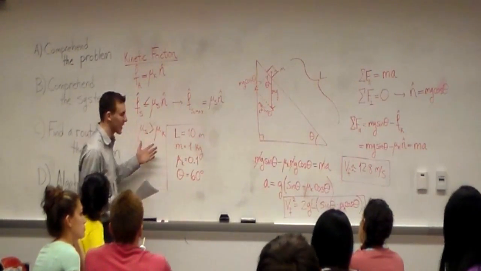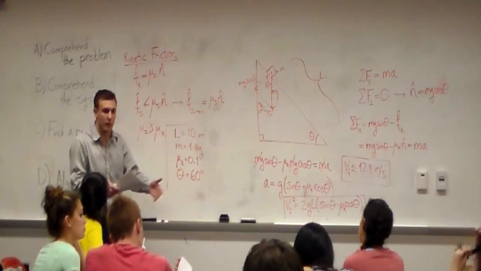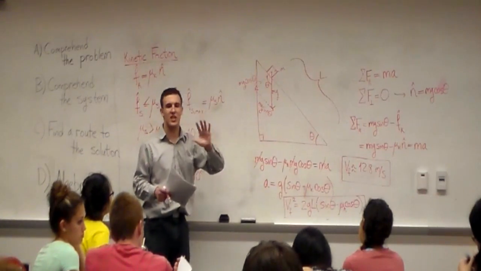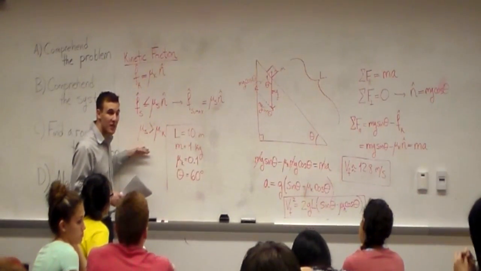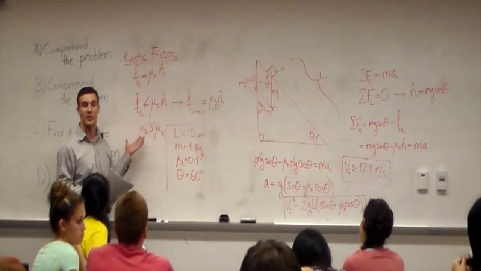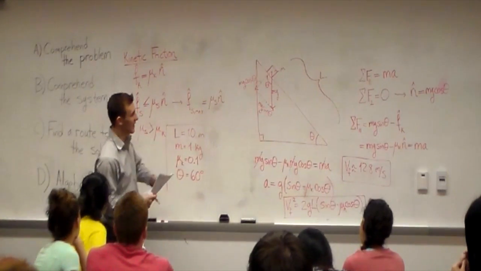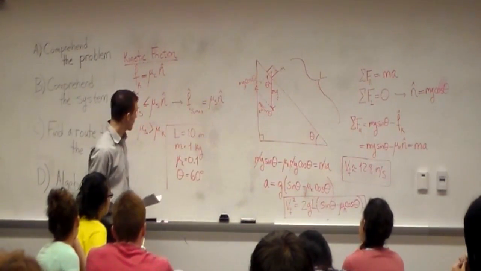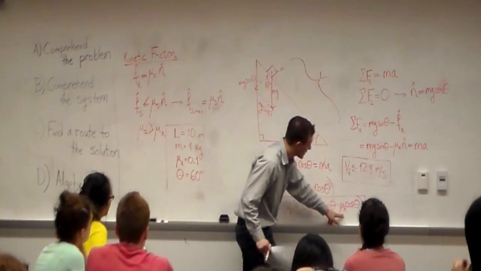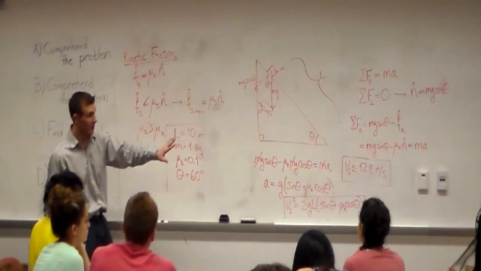You'll find that mu static can't be larger than a particular value. Otherwise, it will just stay and it won't start to move. So by assuming it starts to move, we have made an assumption about mu static. And by that reasoning, we have made an assumption about mu kinetic, because mu kinetic is always less than mu static. So we're giving this an upper maximum by saying that the thing started to slide when you let it go. That means this is bounded as well, and you'll find that this can never be less than 0. But I seriously urge you to do that by yourself, because this is a very illustrative example.